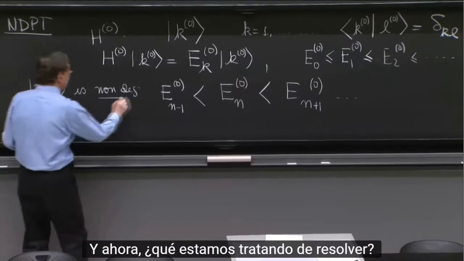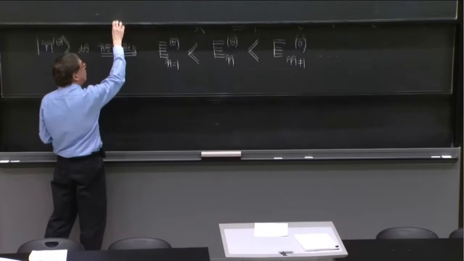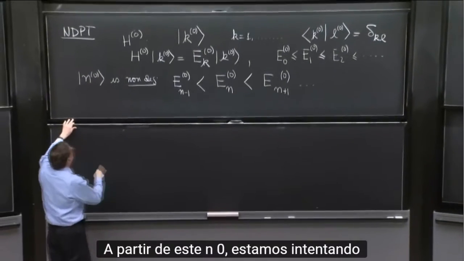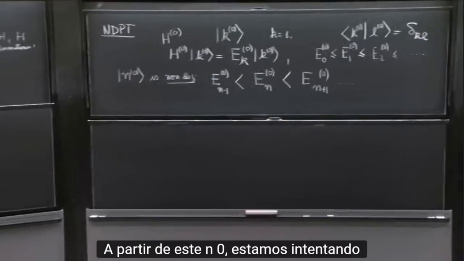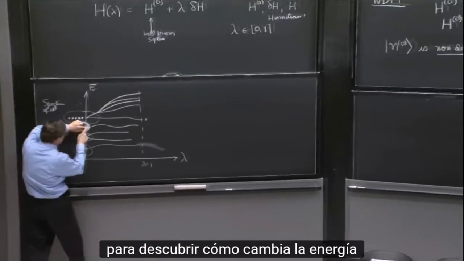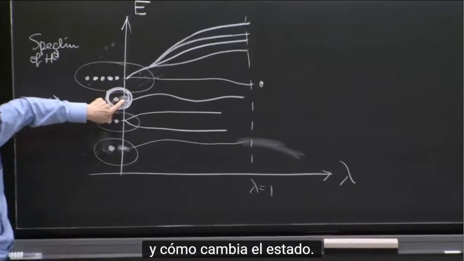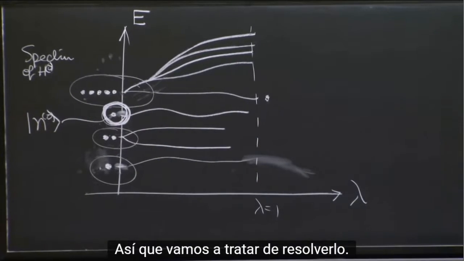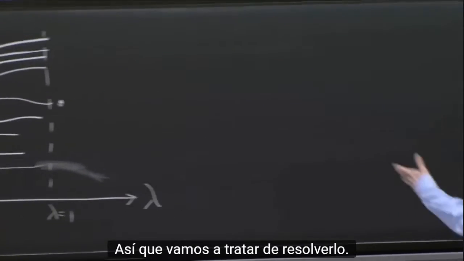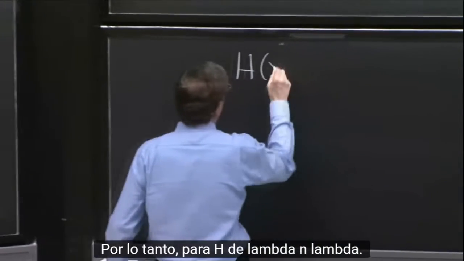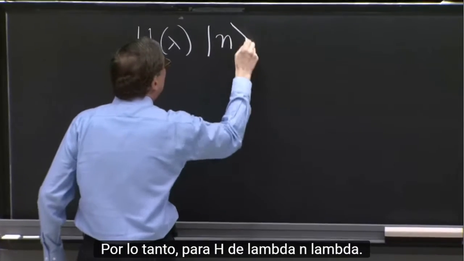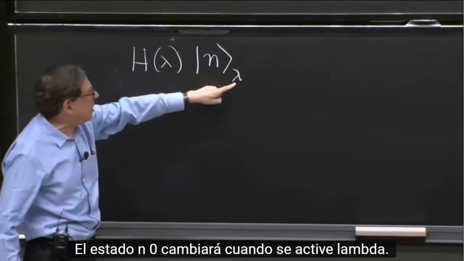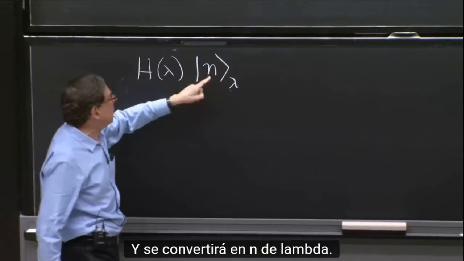And now, what are we trying to solve? Starting from this N0, we're trying to find how the energy changes and how the state changes. Both things are important. So we're going to try to solve, therefore, for H of lambda, n of lambda. The state n0 is going to change when lambda turns on, and it's going to become n of lambda.